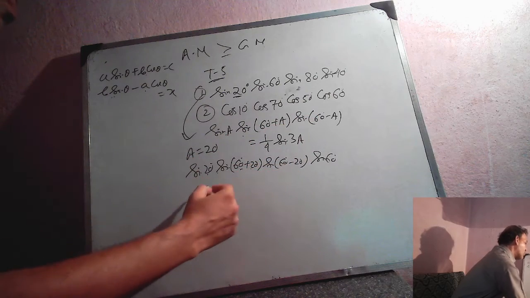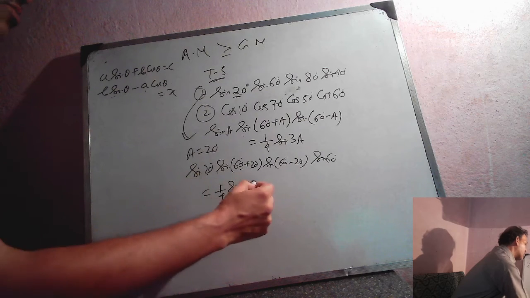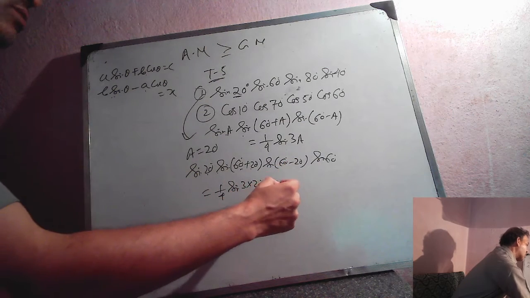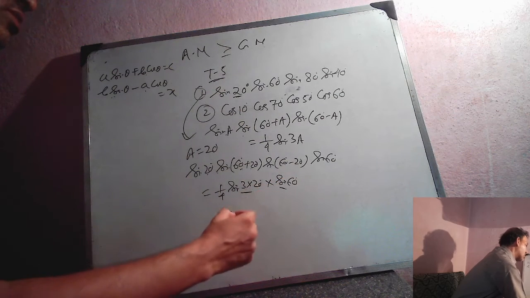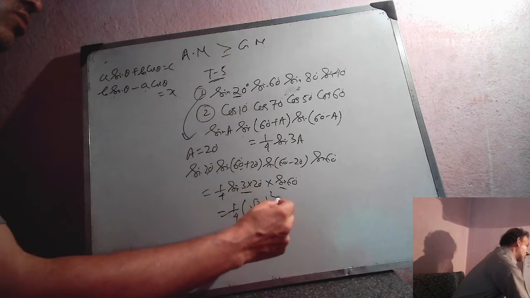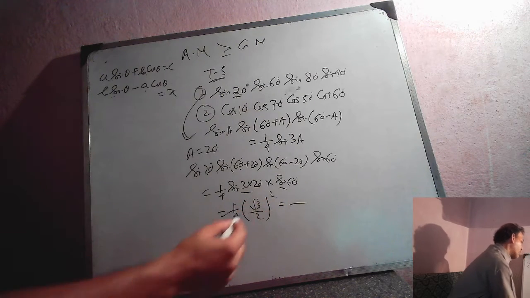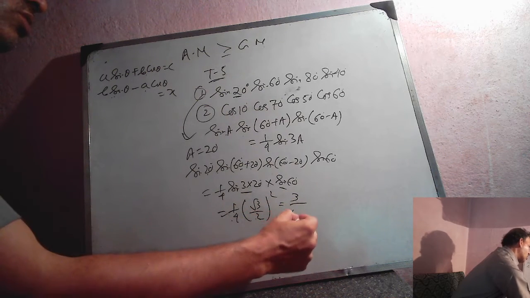So this will be 1 by 4 sin 3A, 3A means 20 into sin 60. Sin 60 into sin 60, sin square 60, value of sin 60 root 3 by 2. So this equals 3 by 4, 4 into 4, 16.